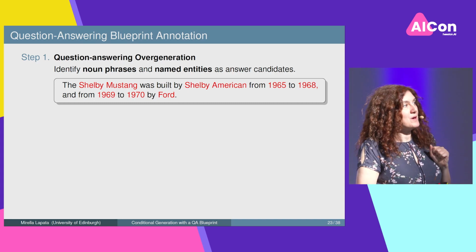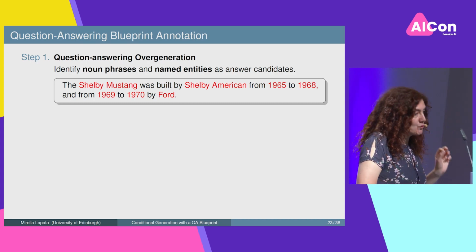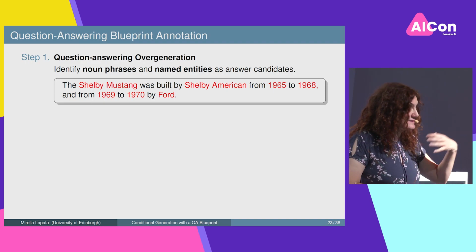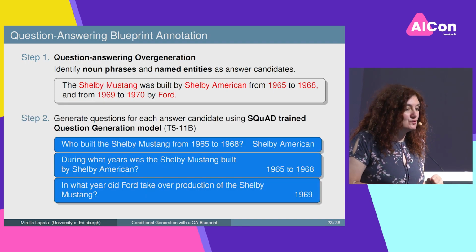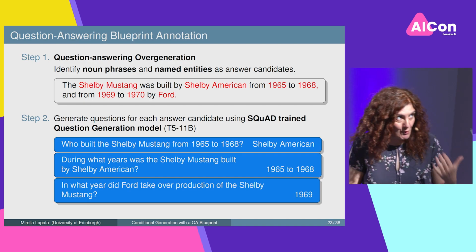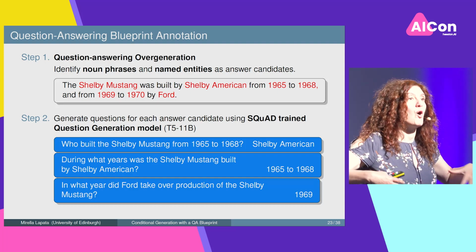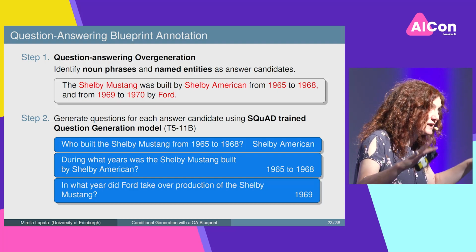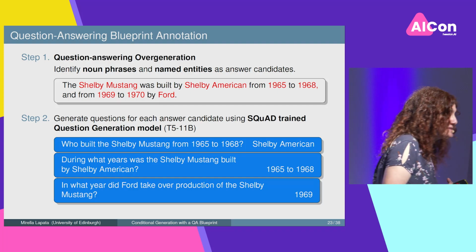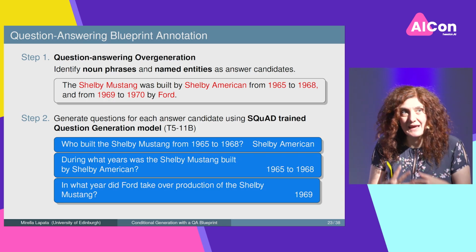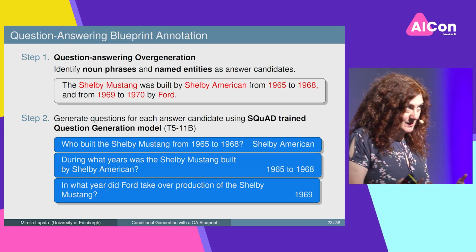We identify them, and then we use question generation tools, which you can again download from Hugging Face, to actually generate questions and answers. Okay? And we will over-generate. We will generate many question and answer pairs, and then we will filter them using some heuristics that are again based in linguistic theory.